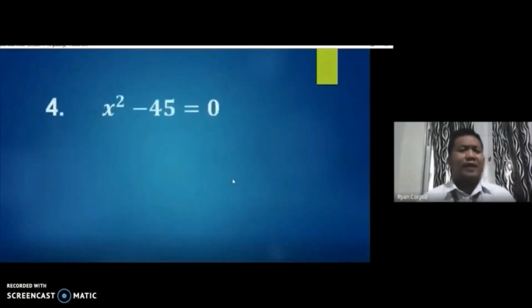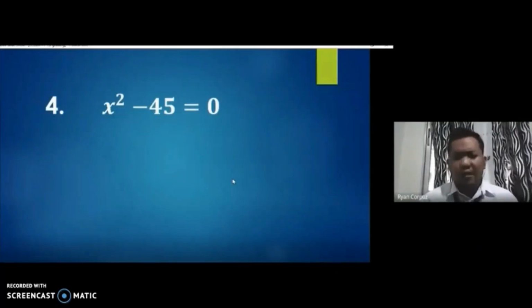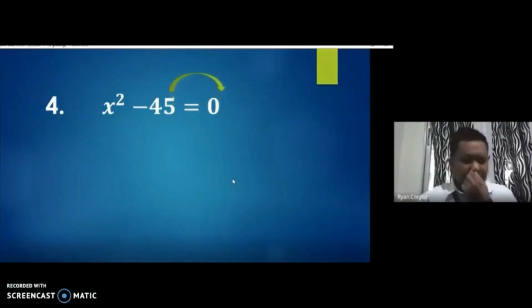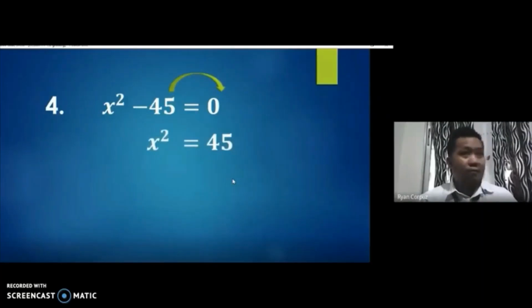But what if the case is like this? Look at example number 4. If we apply the first step, by moving the constant term to the right side of the equation, we come up with x squared is equal to 45.